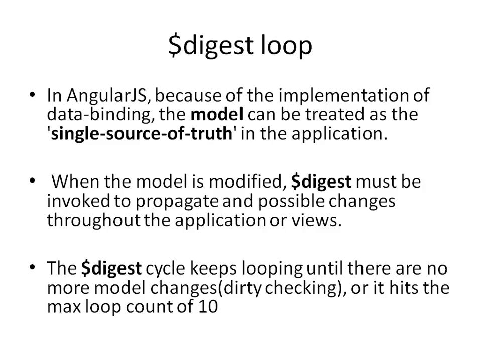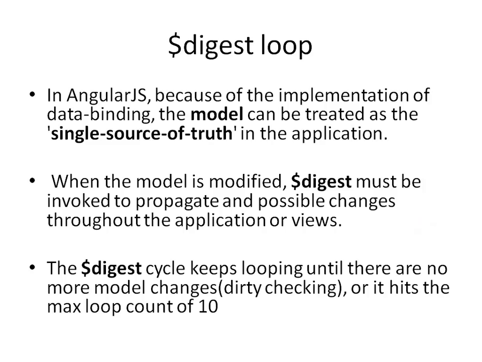You might be confused about what is watch, watch list and digest. When we see the pictorial representation, you will understand. I'll show you that. Just remember this: digest is a loop. Watch list is a list of models. The digest cycle keeps looping until there are no more model changes or it hits the maximum count of 10.